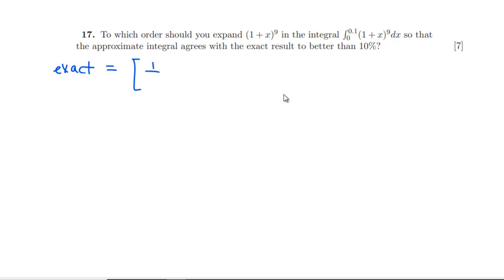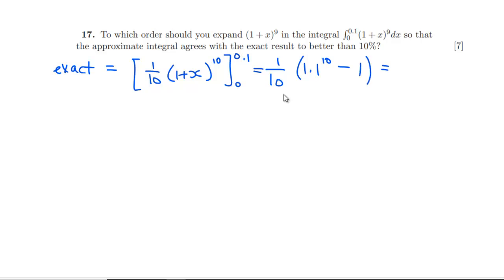Because we're just going to have a tenth of 1 plus x to the 10 between 0 and 0.1. So that is going to be equal to a tenth of 1.1 to the 10 minus 1. Just as well, they've given us calculators.